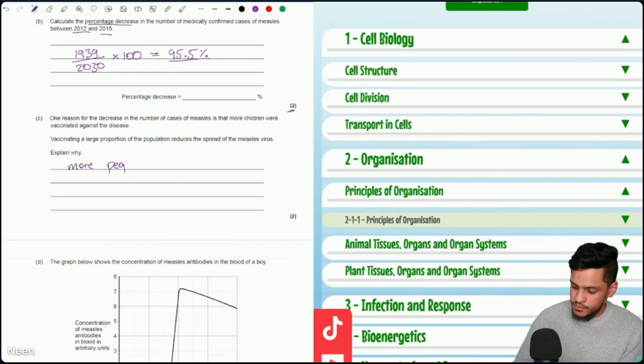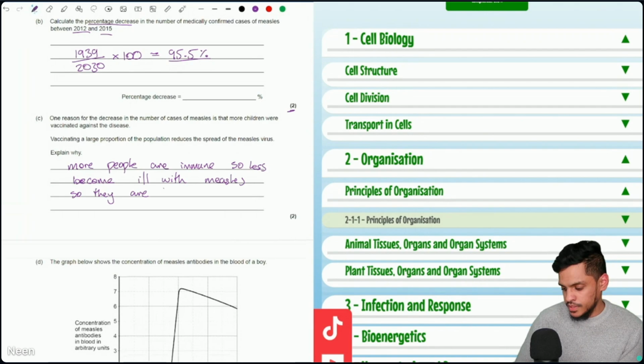So more people are immune, so less become ill with measles. So they are less likely to pass it on.